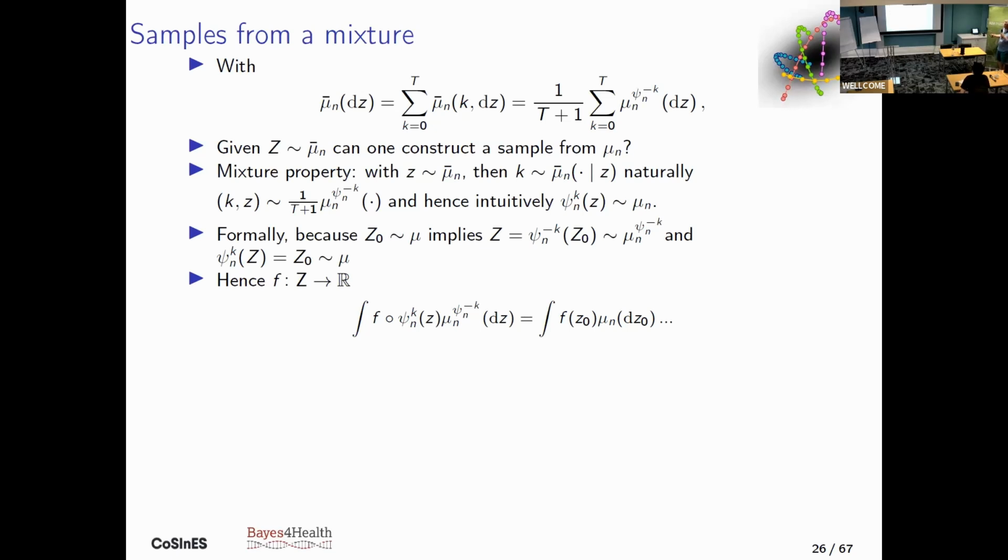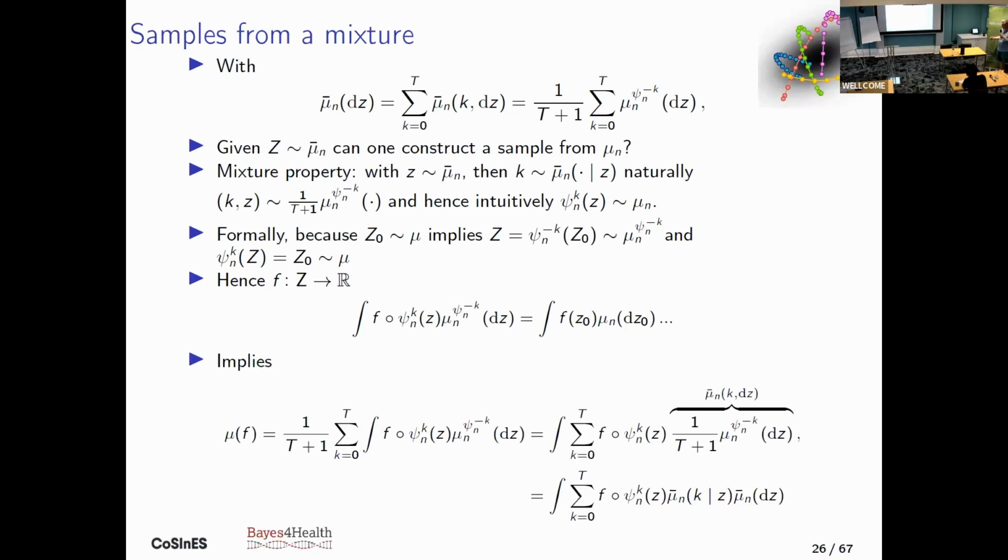So overall, what this means is that the expectation you're interested in, you can rewrite it in a complicated way like this. You just say it's the push forward of Z0 by this transformation. But then when you use your sample, you apply the inverse transformation. So it looks like you haven't done anything, right? But along the snippet, this turns out to be important because you will have samples from mu bar.